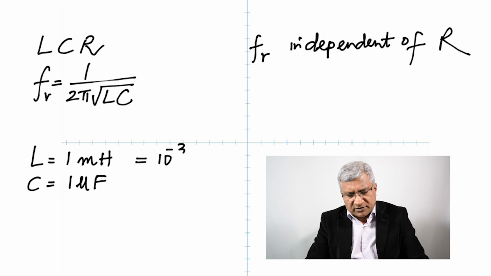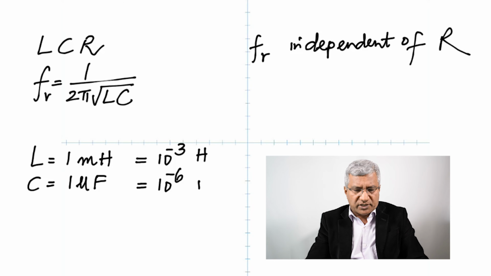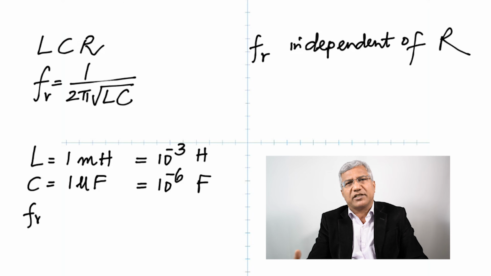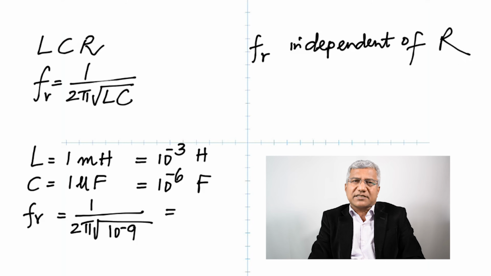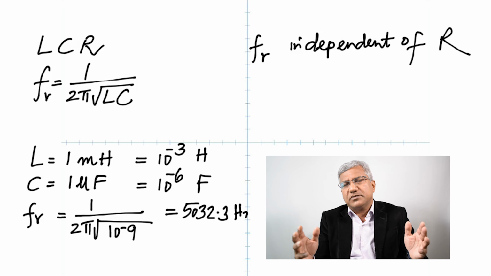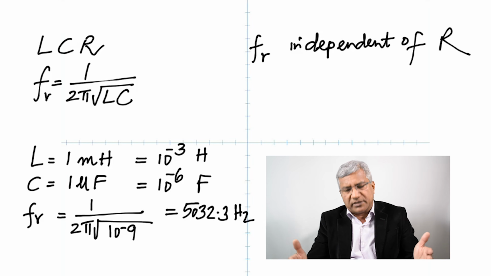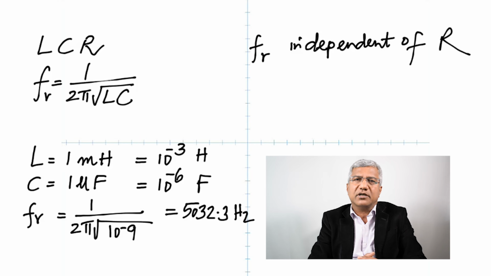So if the inductance is 1 millihenry, which is 10 to the negative 3 henry, and the capacitance is 1 microfarad, which is 10 to the negative 6 farad, then let's calculate the resonant frequency. Just be careful, put in the calculator, you get it as 5032.3 hertz. What is resonant frequency?